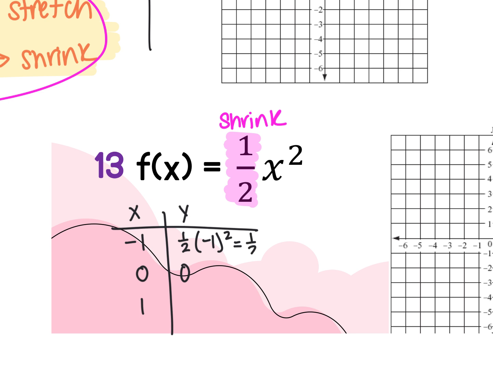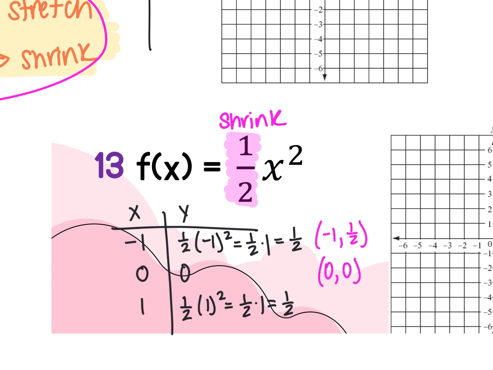So I'm going to have 1/2 times 1. What's 1/2 times 1? 1/2, good. Doing the next one, 1/2 times 1 squared. 1 squared is 1, so I'm still going to have 1/2 times 1, which is just 1/2. So my coordinates for this are -1, 1/2, this is still 0, 0, and this is 1, 1/2.